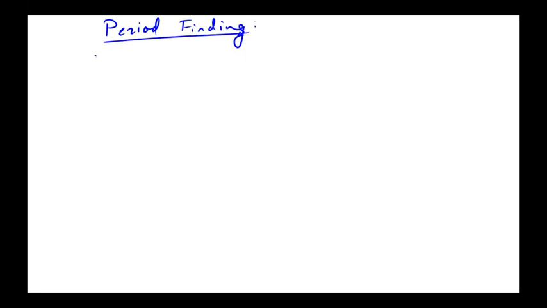So now, suppose we are given some function f such that the set 0 through n minus 1 is mapped to some set S. We don't care what S is.